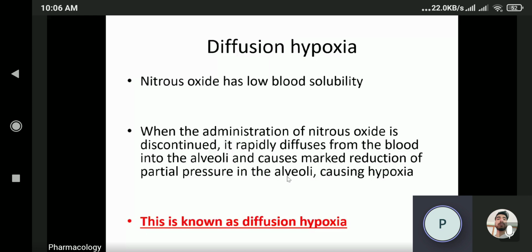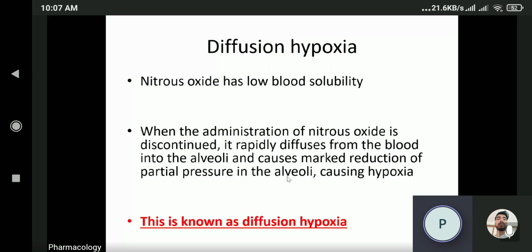Since this is because of the diffusion of nitrous oxide much faster than expected, it is called diffusion hypoxia.